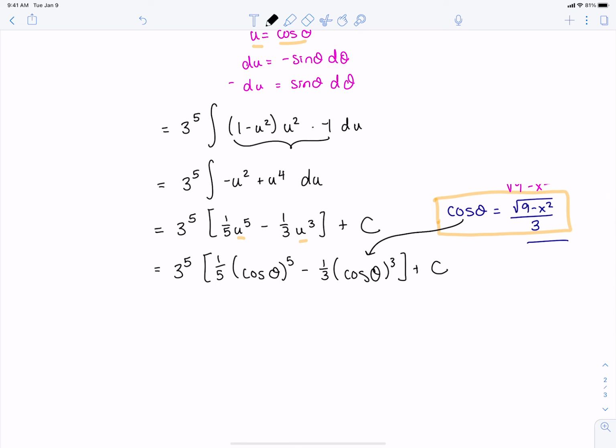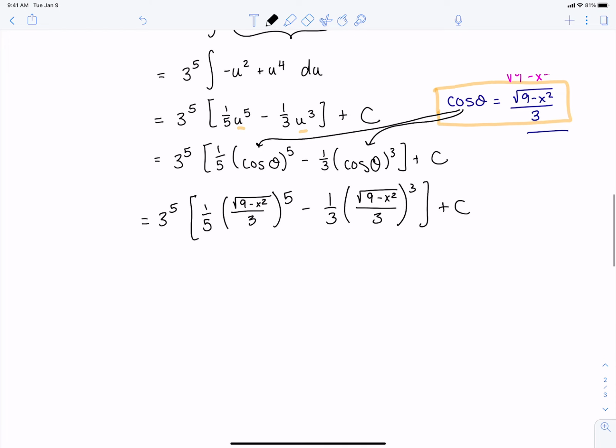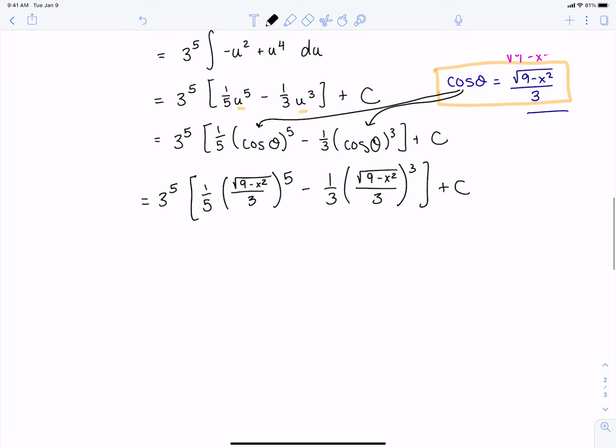We need to replace this cosine of theta that we have in both of those places with the square root of 9 minus x squared over 3. So we're still going to have that 3 to the 5th out in front, and then we have 1/5 times the square root of 9 minus x squared over 3, to the 5th, minus 1/3 times the square root of 9 minus x squared over 3, cubed, plus c. So technically we have it right here. This is our integral. This is our answer.